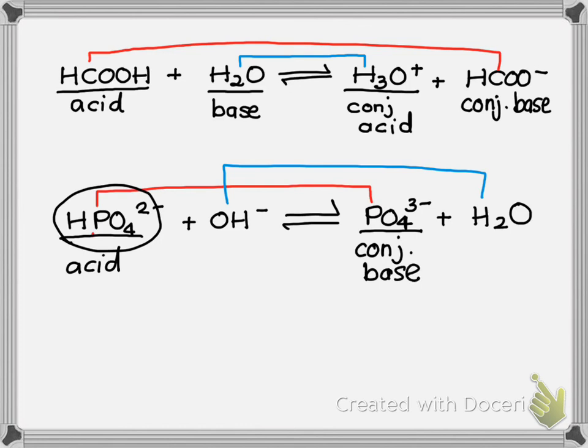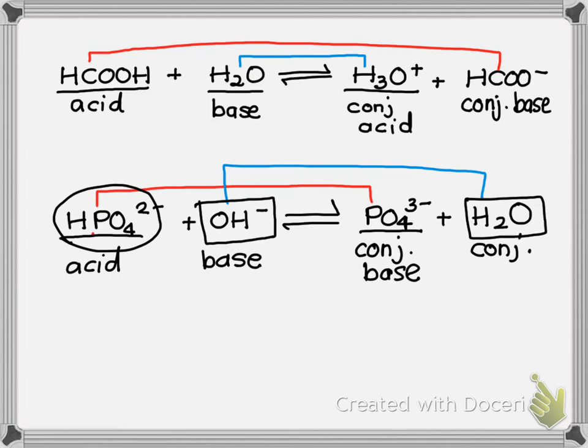Automatically this would have to be the base, but let's look at it. It's OH minus here, and now it's H2O over here, so OH minus accepted it. So that's the base, and this is the conjugate acid. So that's how we label and identify in a reaction a Bronsted-Lowry acid and base, and then their partners, or their acid-base pairs.